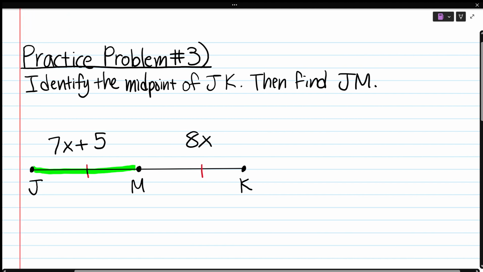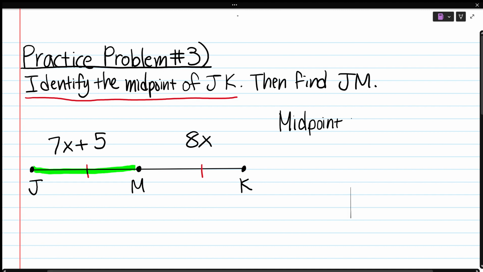But before we do that, the question specifically says identify the midpoint. You can kind of guess that the midpoint is going to be M. And you can confirm that using these red lines right here.